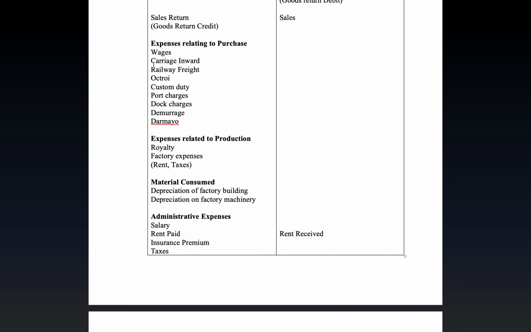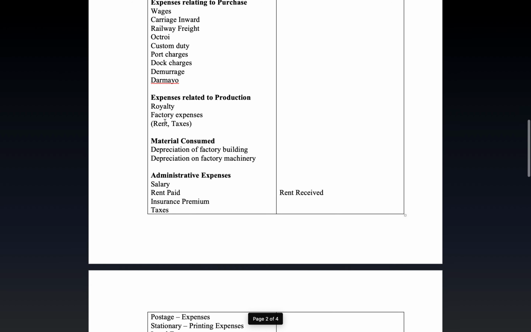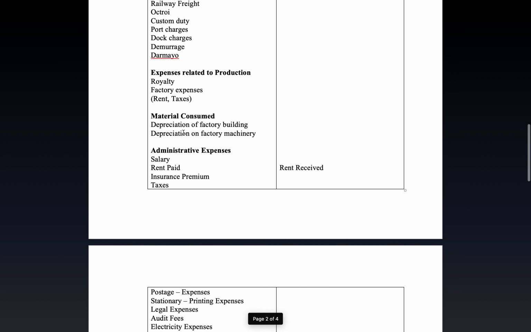So wages, carriage inward, railway freight, octroi, custom duty, port charges, dock charges, demurrage, and the expenses related to production, that is royalty, factory expenses like rent and taxes, material consumed, that is depreciation related to the factory building and factory machinery, as it is related to the factory. So here we finish these three headings of the trading account.